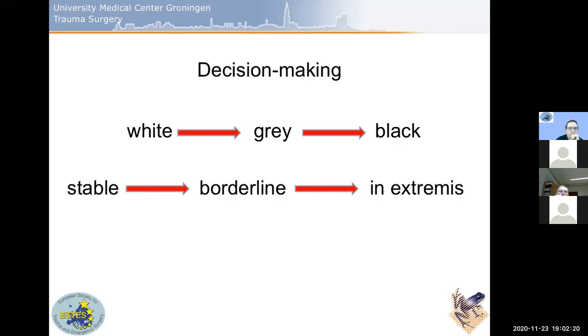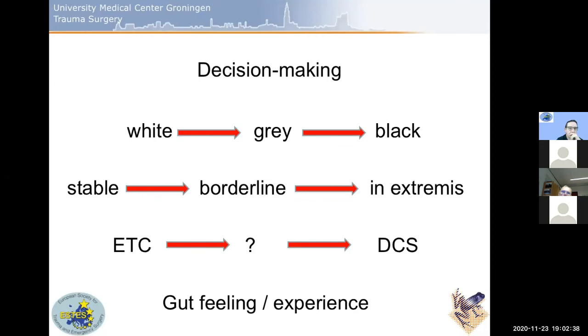I don't differentiate between unstable and in extremis, but I differentiate between stable, borderline, and in extremis. And that means here early total care and damage control surgery on the right side. But I think at this moment experience and gut feeling is an important factor too.